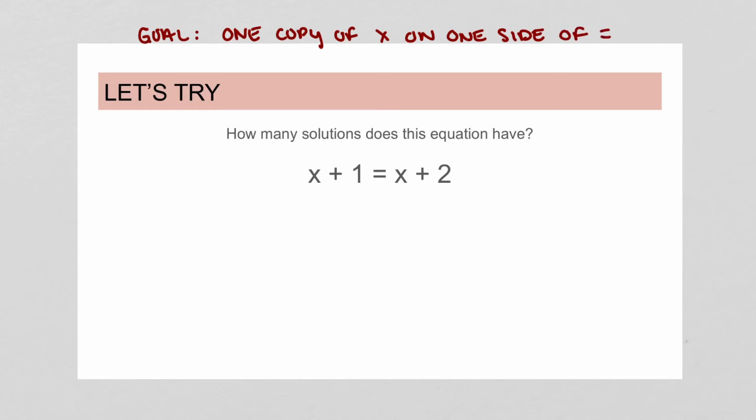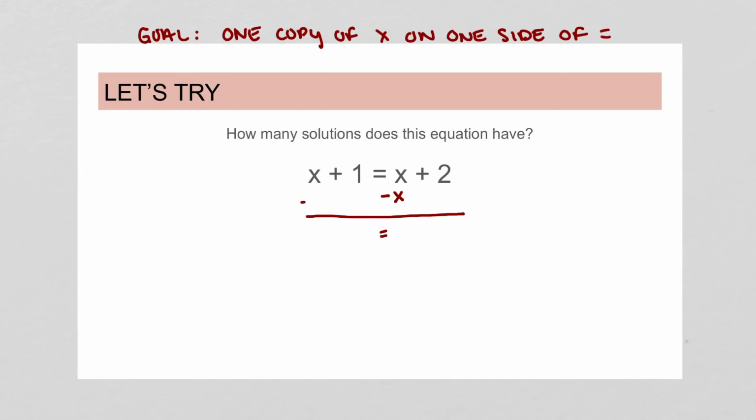Our goal is to solve this, getting one copy of x on one side of the equal sign. Well, there's an x on the left side and there's an x on the right side. That's not good. We need to get our x's together. So I'm going to take this x over here on the right, and I'm going to use my inverse operations. Right now it's a positive x, so I'm going to combine that with a negative x to get rid of it on the right side.